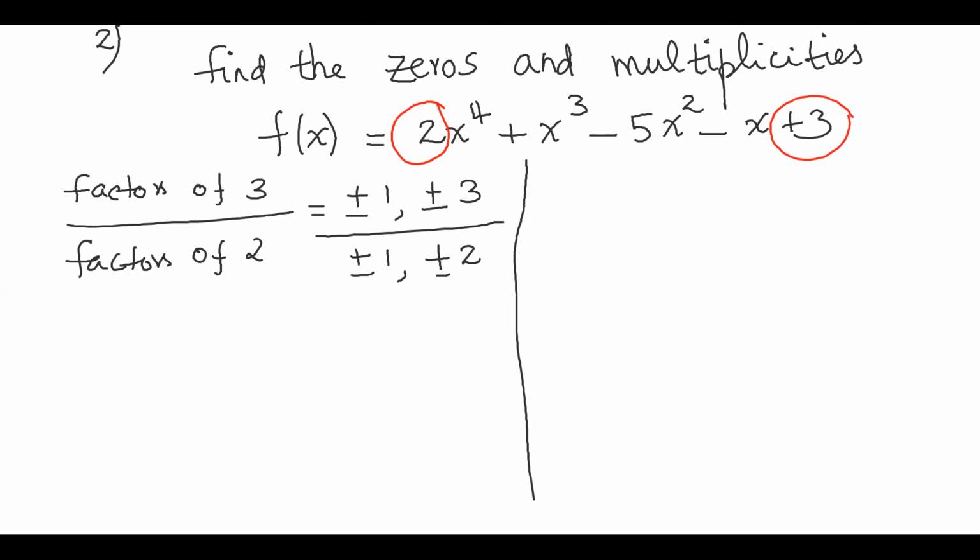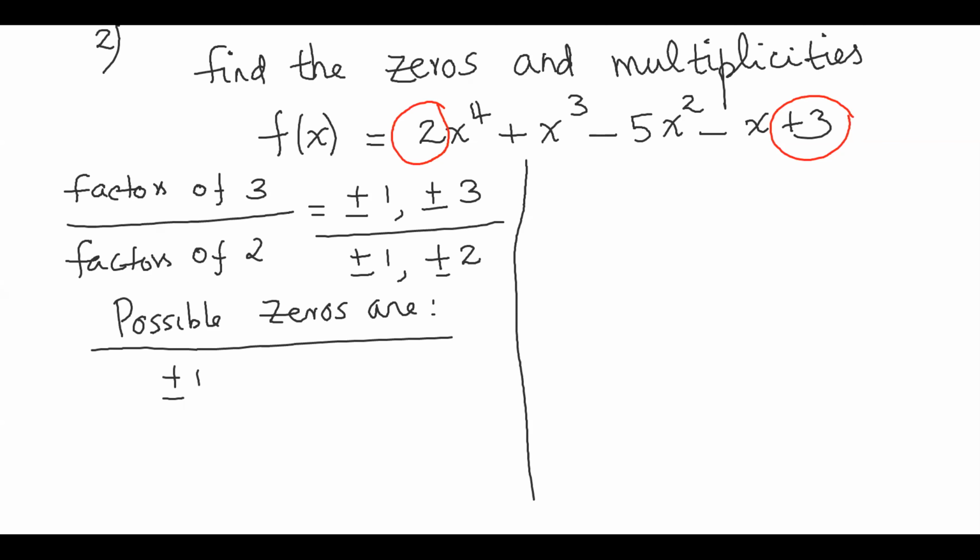So the possible zeros are: you take the 1 and 3, divide by 1, so we get 1 and 3. And then we can take 1 and 3 and divide by 2. So it's going to be 1/2 and 3/2. So these are the possible rational zeros.